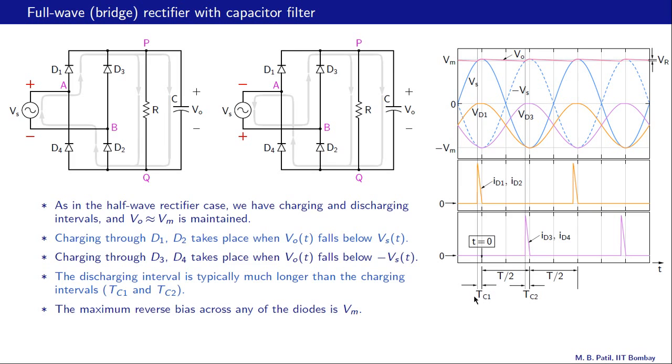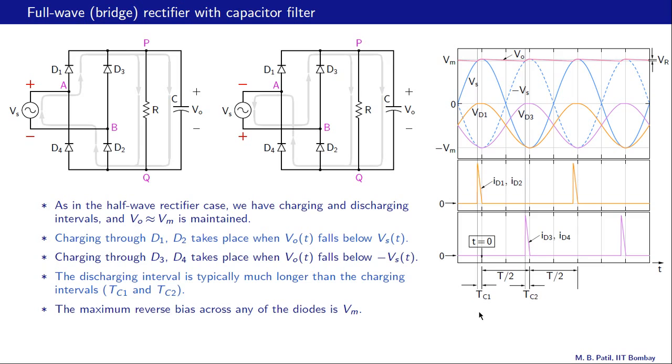For example, if we go from t equal to 0 to t equal to T, this point here, then there is one interval in which charging takes place through ID3 and ID4, and another interval in which charging takes place through ID1 and ID2.